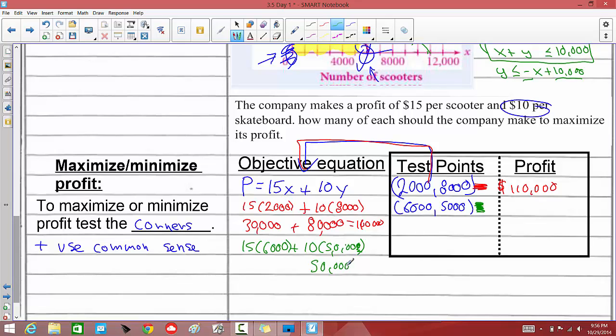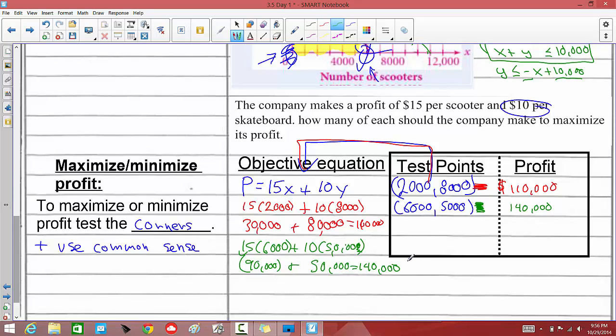And 15 times 6,000, that's 90,000. 90,000 plus 50,000 is $140,000. I'll put that right up here. I'll put it down here too, just because we're taking good notes right now.